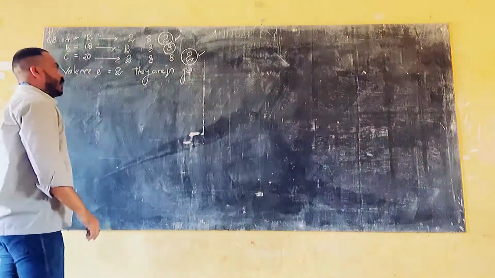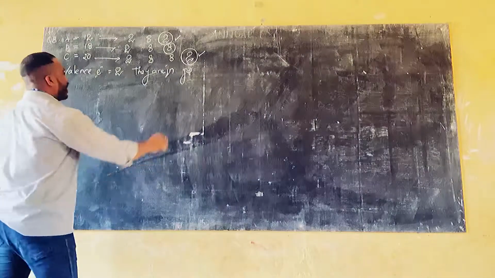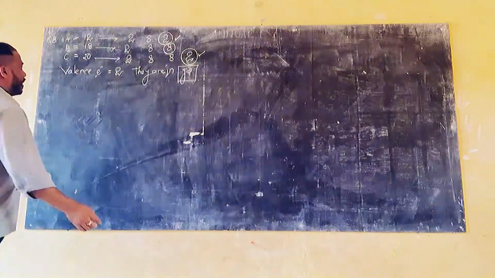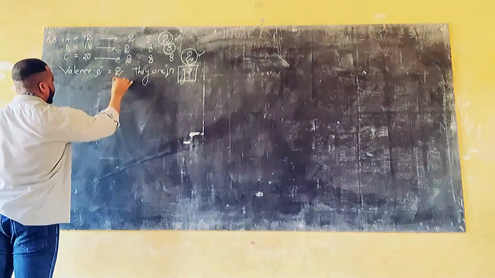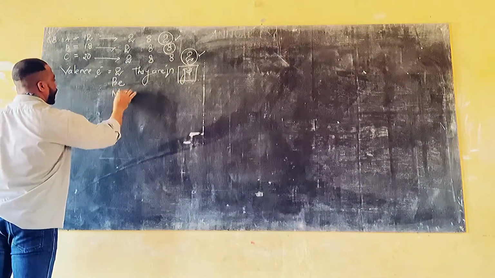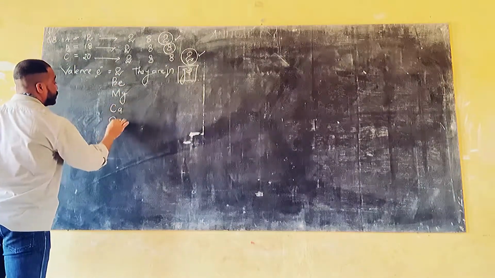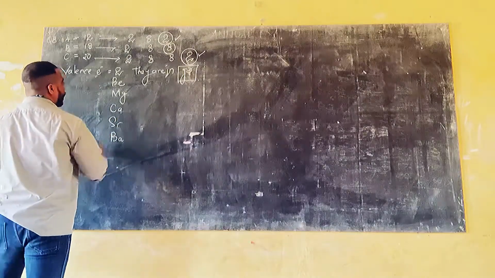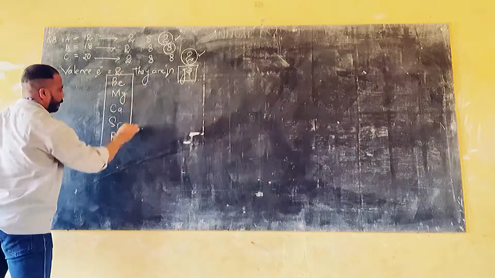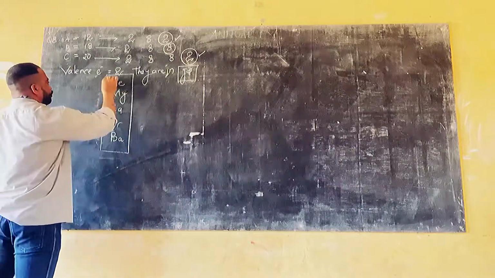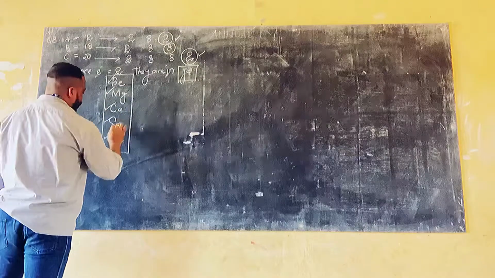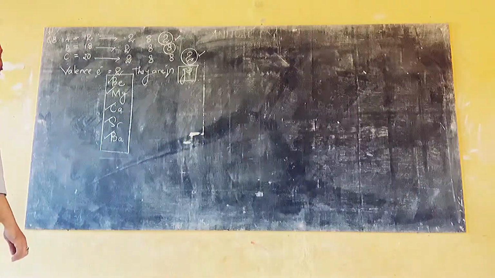The elements present in group 2 will have similar properties, and some elements of group 2 are beryllium, magnesium, calcium, strontium and barium. Done.